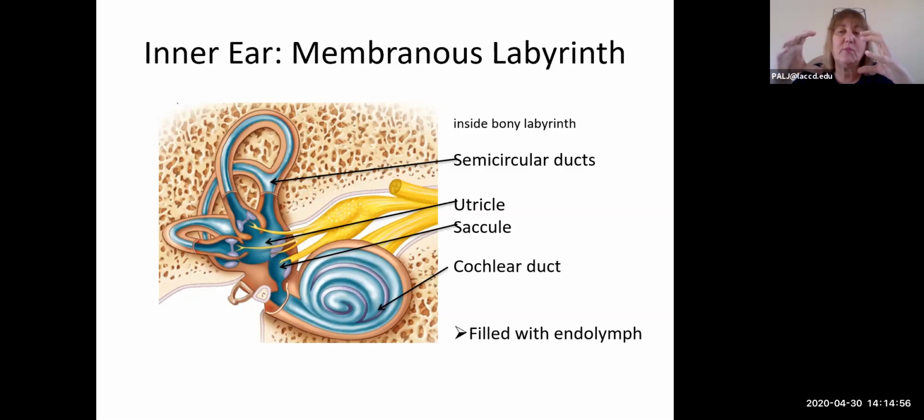So it's that central part where the vestibule is that has 2 membranous components. The larger component is closer to the semicircular canals and ducts, and that's called the utricle. The smaller component is closer to the cochlea, and so that's called the saccule. So anytime you see the word duct, you know they're talking about a membranous labyrinth, so it must contain endolymph and be surrounded by perilymph.